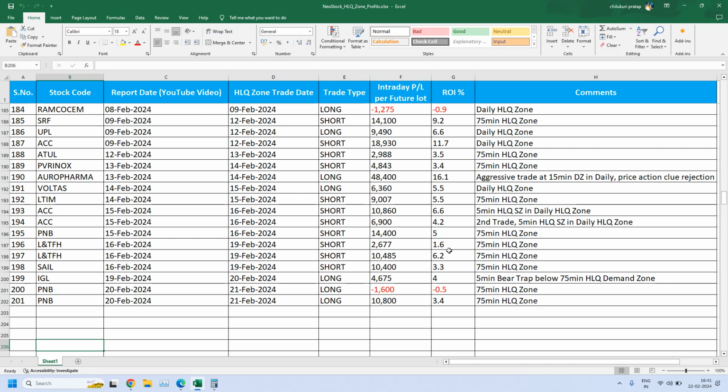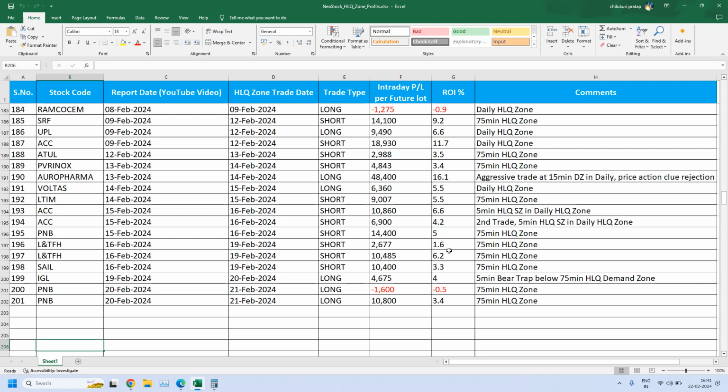But the point you have to understand is that NeoStock software is providing very good opportunities. In these opportunities, how do we plan our trades? That is by fine-tuning the zone. How to fine-tune the zone? I already explained in lesson 16, 16.1 and 16.2. That is zone confluence.